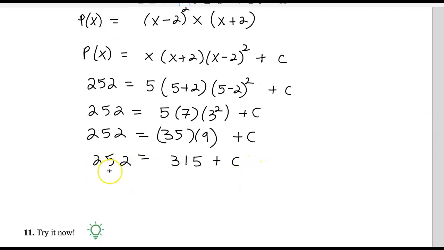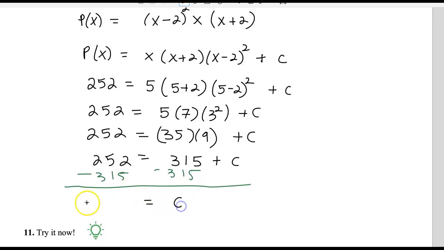And now we can solve for c. So we can subtract 315 from both sides, minus 315, minus 315. Okay. And you'll get c is equal to what? It's negative 63.